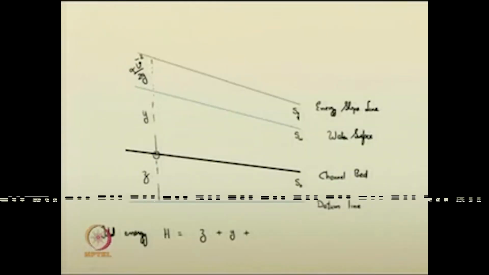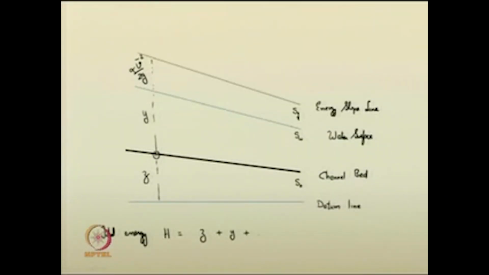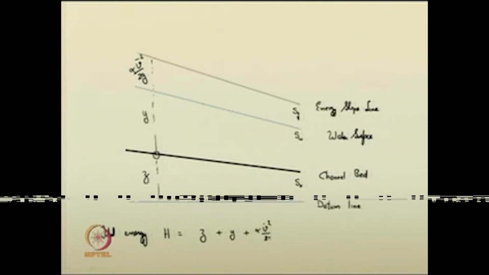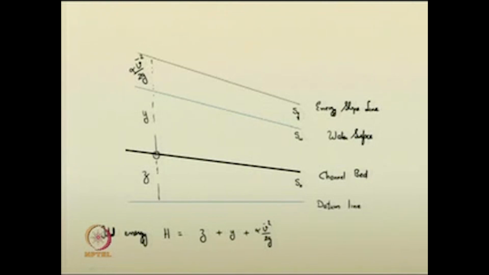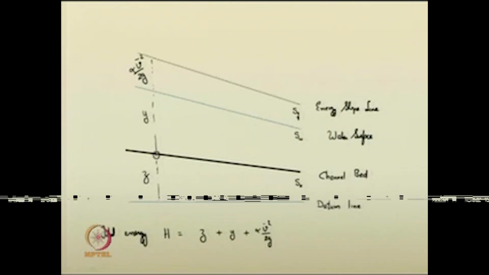So, you have to note that we are not dealing with very high speed flows in such situations where you cannot use the hydrostatic assumption. So, H is equal to z plus y plus alpha v squared by 2g. This is the general total energy head equation you have already studied.